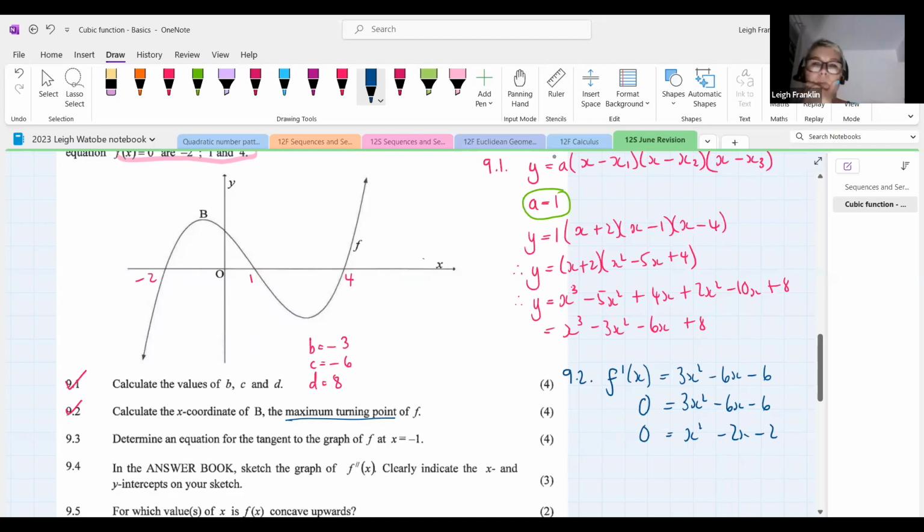No, you can't do that because it's not a parabola. Oh, okay. So you can do that for a parabola, but you can't do it for a cubic function. For a cubic function, you've got to use the first derivative. Thank you very much, ma'am. No problem.